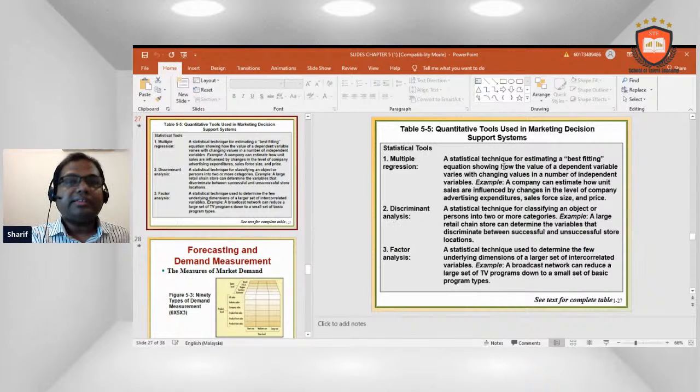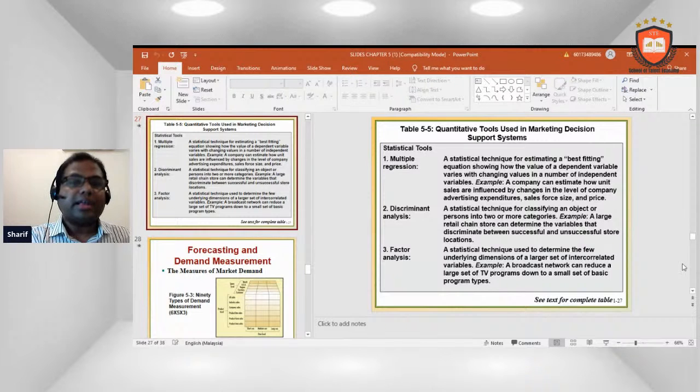It is a statistical technique for estimating a best-fitting equation showing how the value of a dependent variable varies with changing values in a number of independent variables. Example, a company can estimate how unit sales are influenced by changes in the level of company advertising expenditure, sales force size, and the price. So multiple regression analysis we have to understand.